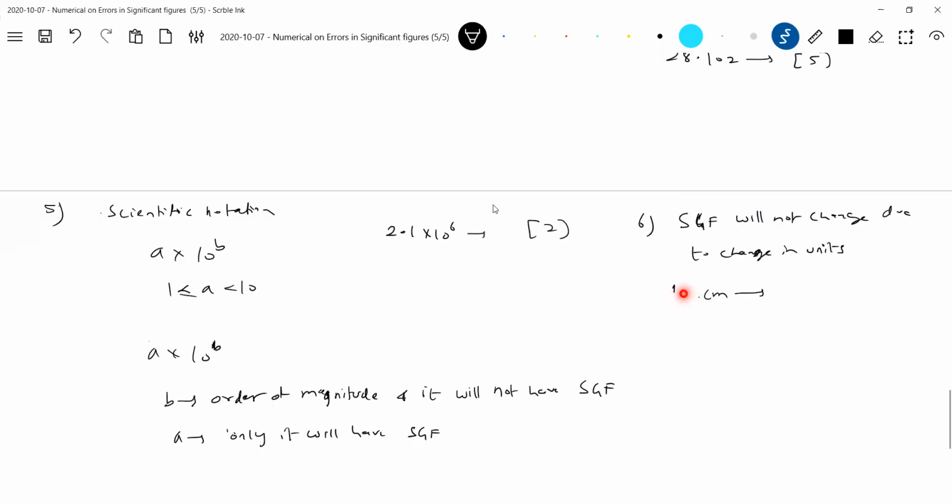Okay, I'll start with a very simple one: 125 centimeter. I want to convert that into meters. So what is the conversion? 1.25 meter. How many significant digits are there? 3. 3 must be reflected. So due to change in units, you should not change the significant figures. And now if it is 100 centimeter, what do you do?